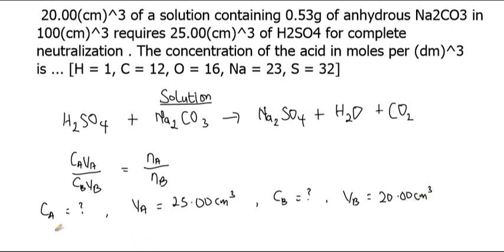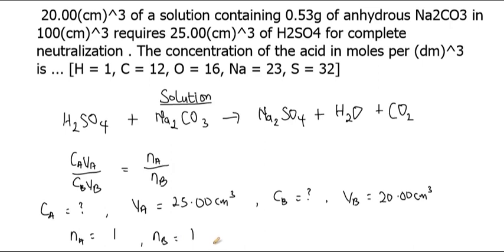NA is 1. Our NA is gotten from the equation, that is the coefficient of the acid in the equation. Here we have 1. For NB as well, it is 1.